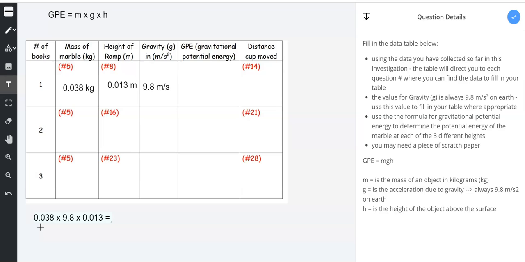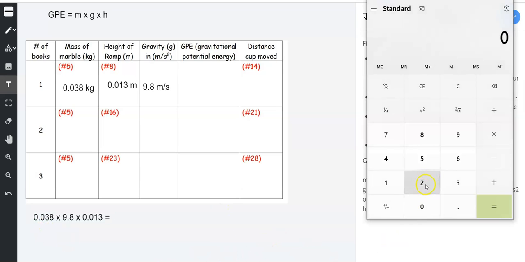And then it'll give me my GPE. So then if I get my calculator and I type in 0.038 times 9.8 times 0.013 equals, this is my gravitational potential energy for the height where the marble is at with one book.